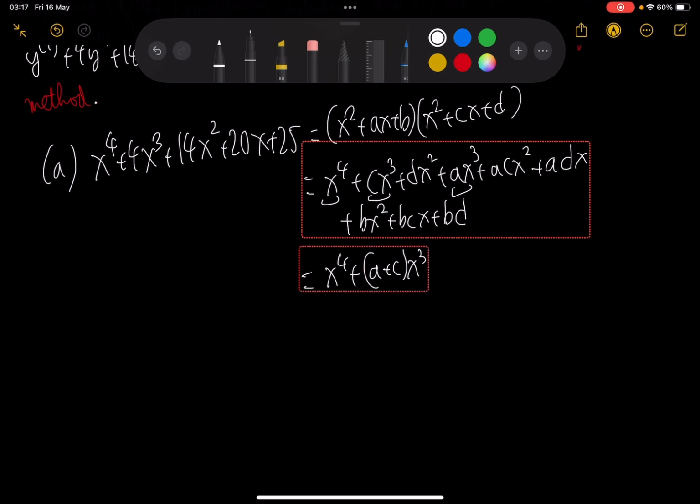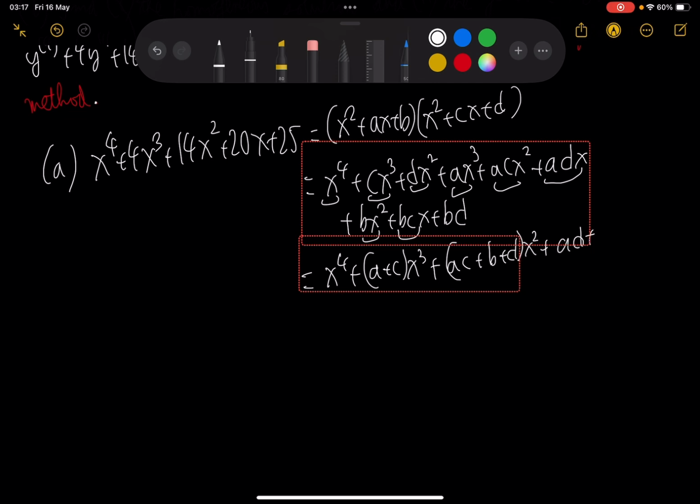And then look at the coefficient of x squared, you get ac plus b plus d times x squared. Look at the coefficient of x: you get ad plus bc times x, and then plus bd, which is our constant term.